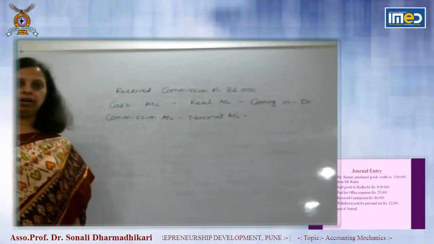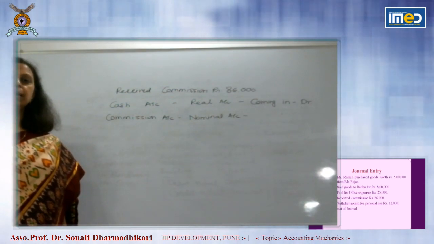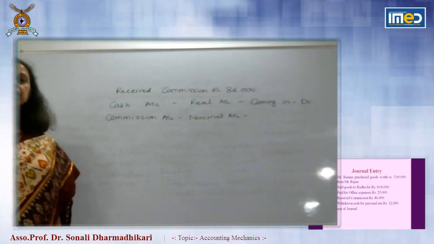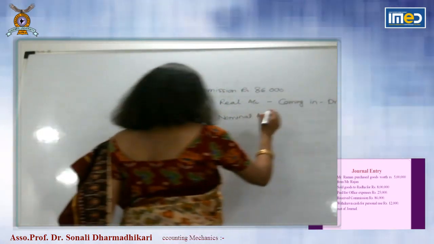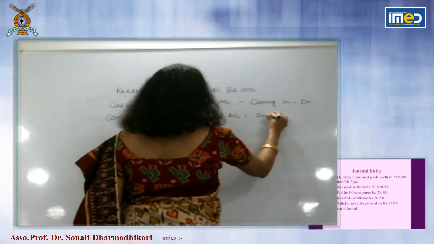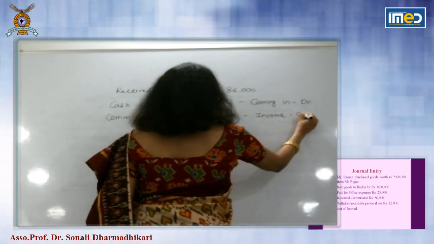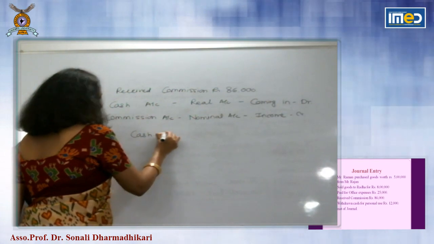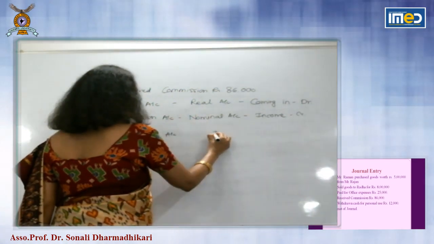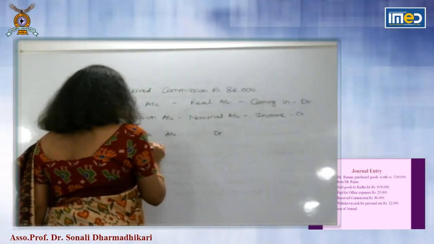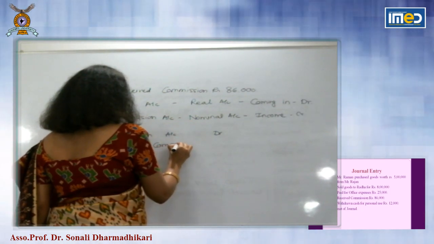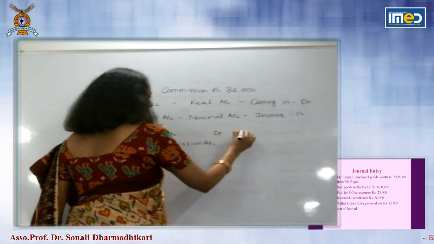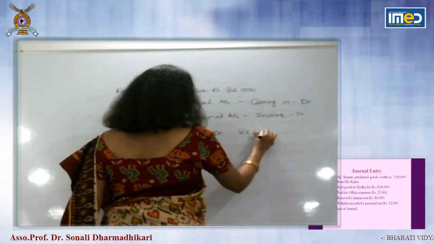For nominal account, the golden rule is debit all expenses and losses, credit all incomes and gains. Commission is income, it is credited. So the entry is cash account debit to commission account 86,000.